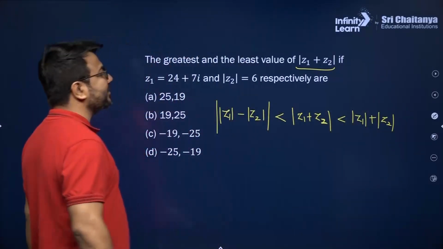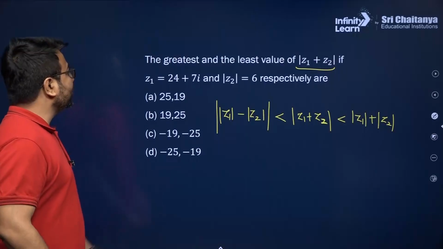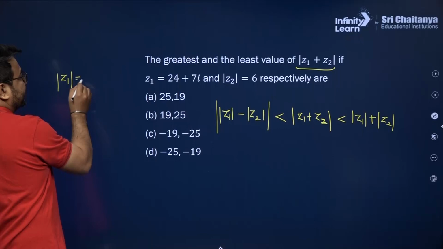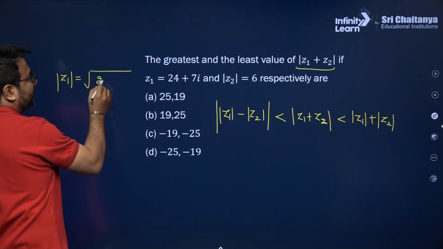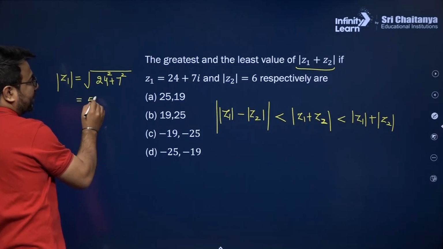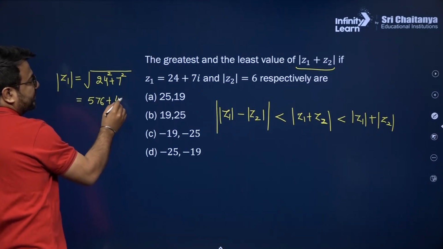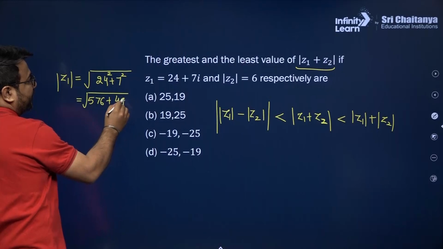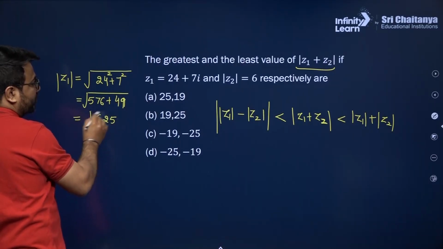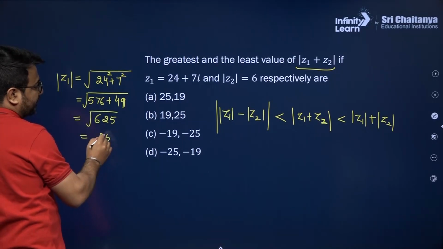Now it will be very easy for us to get the answer. We know that the value of |Z1| will be the square root of 24 square plus 7 square. 24 square is 576, 7 square is 49. Now 576 plus 49 will be 625, and the square root of 625 will be 25.